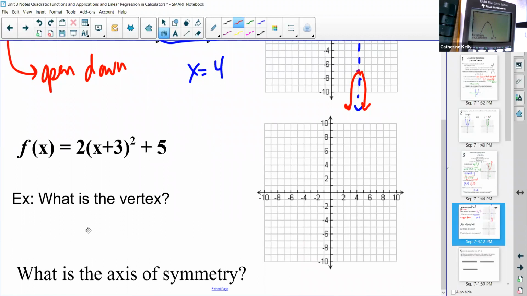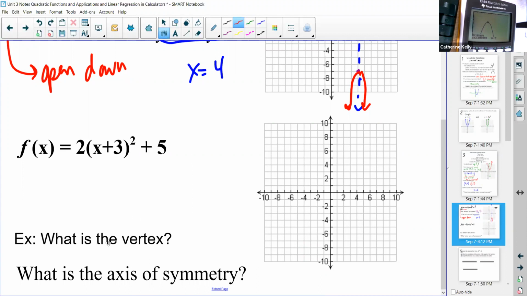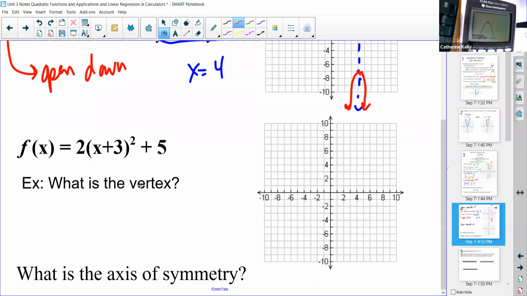On the next one, you can pause the video at any time and try doing it. The next one here, I know that I am going to graph this using my vertex. My vertex is negative 3, 5 because it's h, k. But remember the original equation has a minus sign here, so I know that it's now negative 3. So my vertex is negative 3, 5.